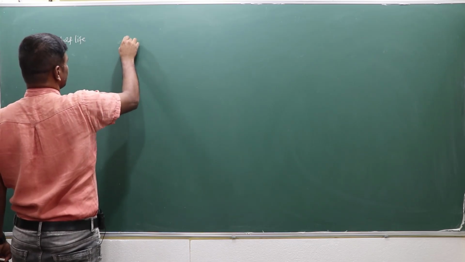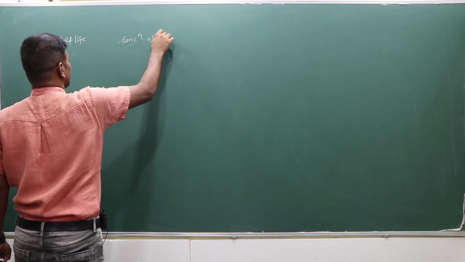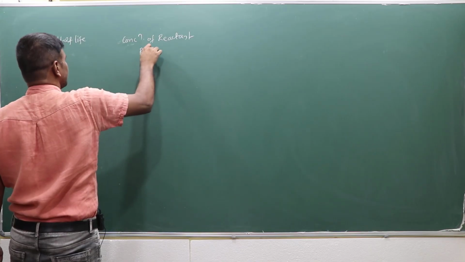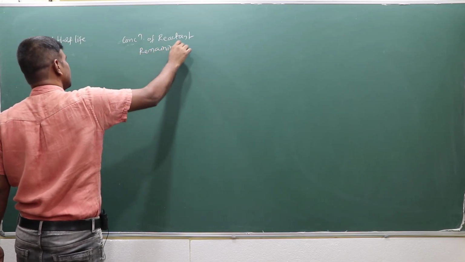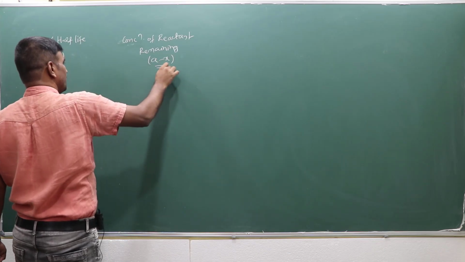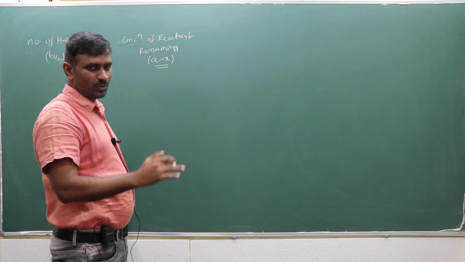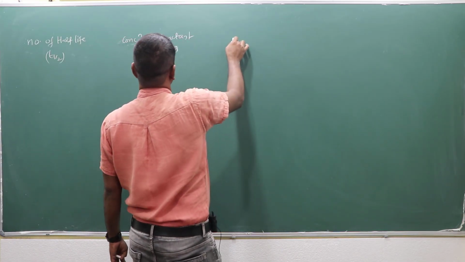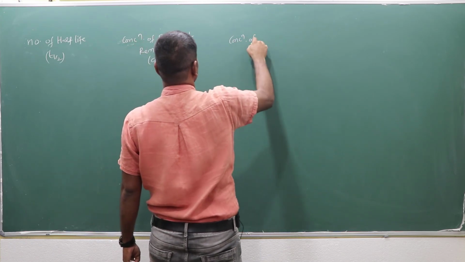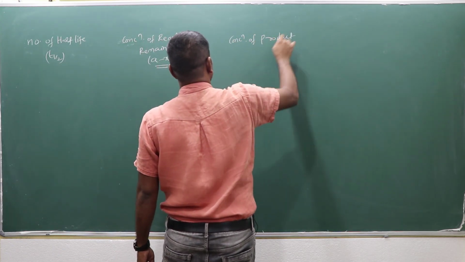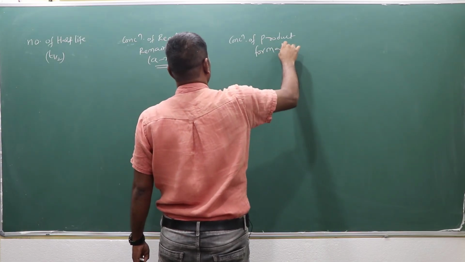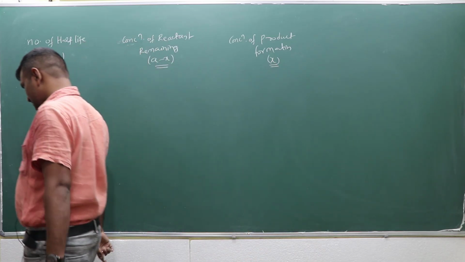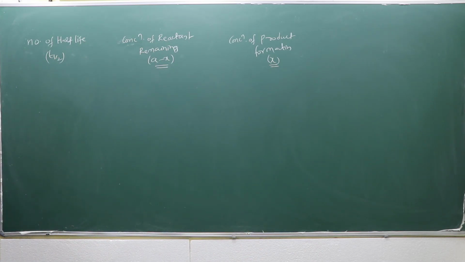So the concentration of reactant remaining, that is A minus X, and the formation of product, this is X, how much product formation takes place in half-life times.